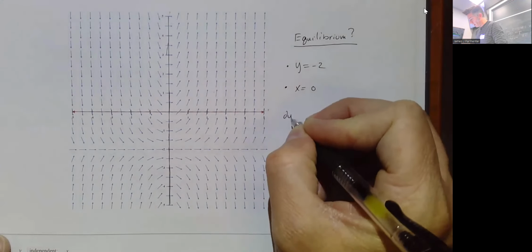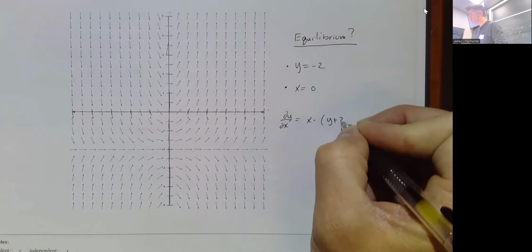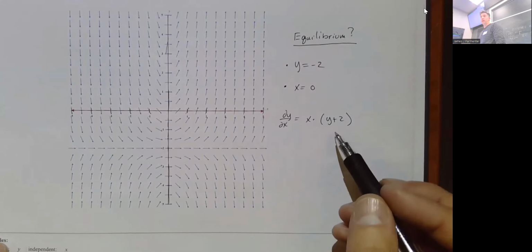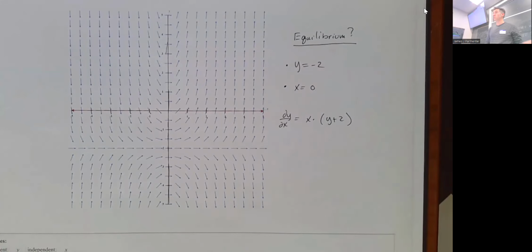Which is not surprising if you know that the differential equation was x times (y plus 2). It seems pretty reasonable that the equilibrium would be x equal to 0 because that makes it equal to 0, and y equal to -2. And again, you could try to draw some solution curves here, but it gets a little bit weird, right?